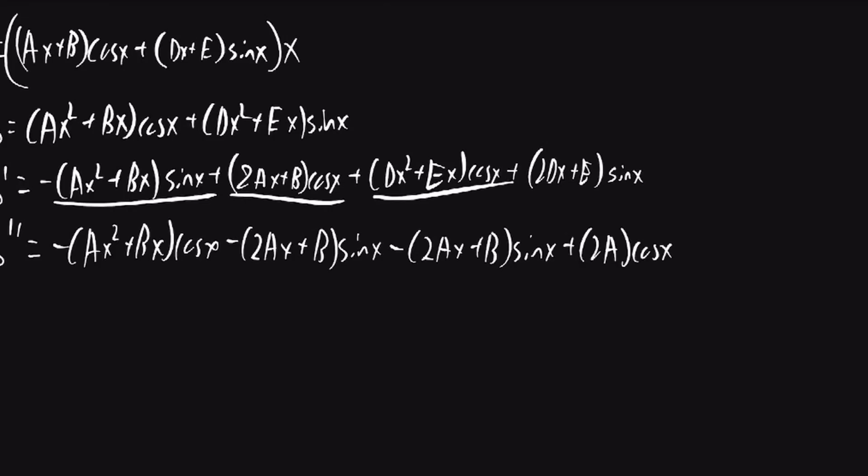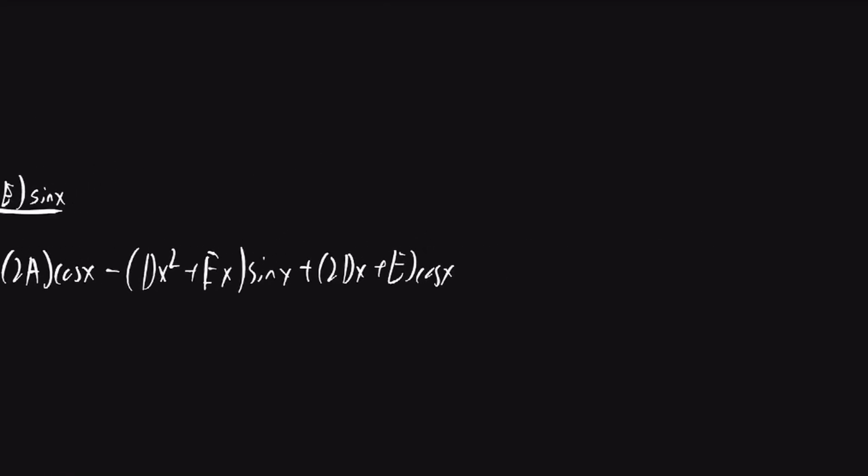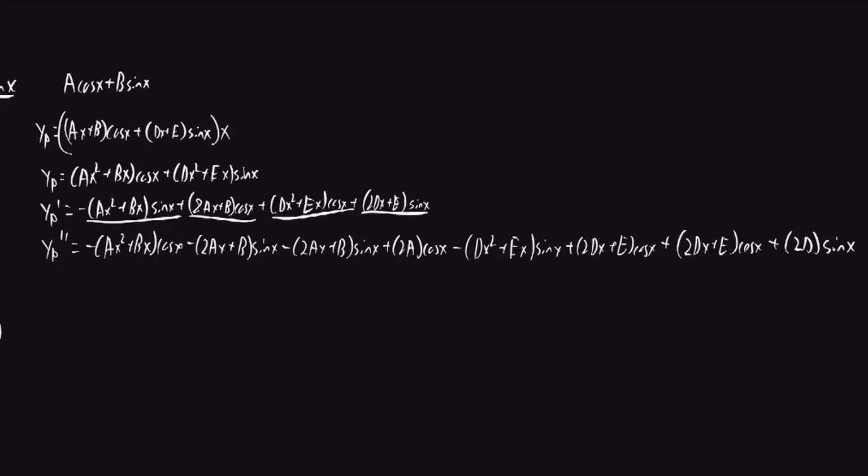For this next term, I'll use the product rule again. We'll get minus (dx² + ex) times sine x plus (2dx + e) times cosine x. And for this last term, I'll use the product rule again, of plus (2dx + e) times cosine x plus 2d times sine x.